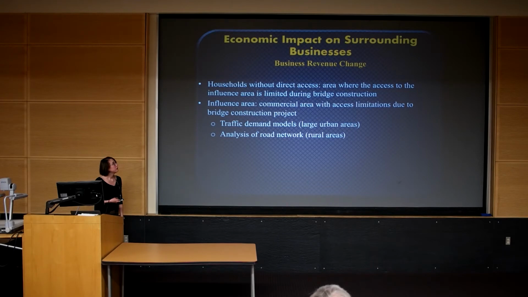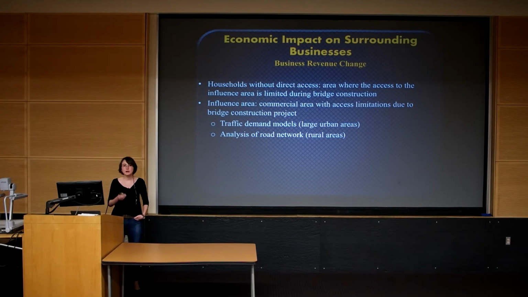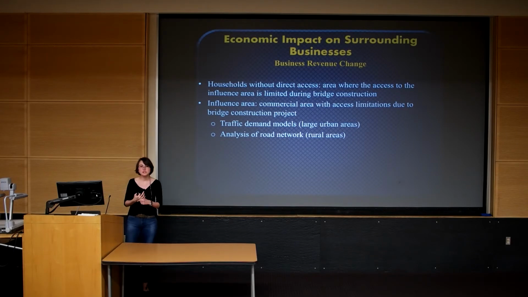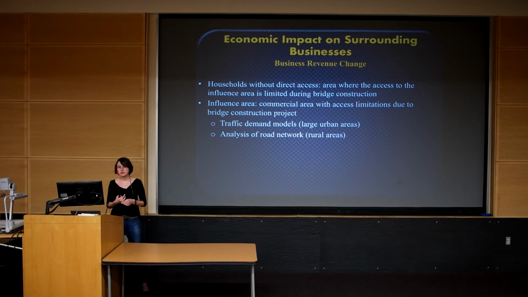So for this business revenue change calculation, it depends on the complexity of the road network on which you're focusing. For large urban areas, traffic demand models can be employed, but for rural areas with simple networks, a simple hand analysis is enough.